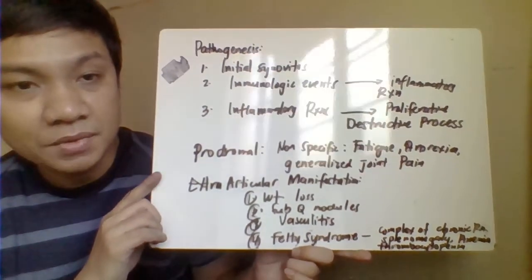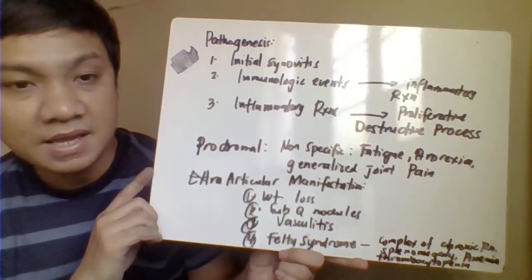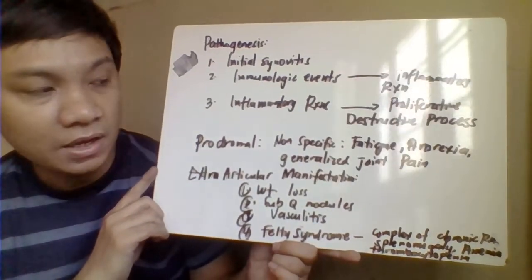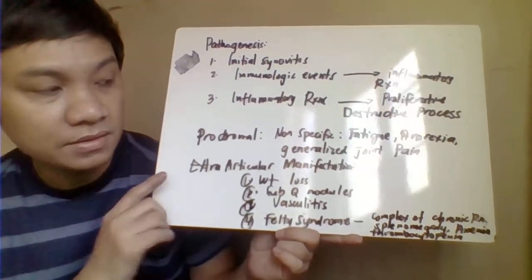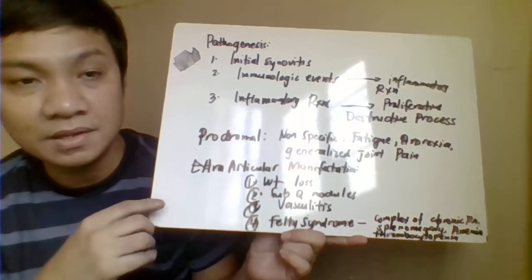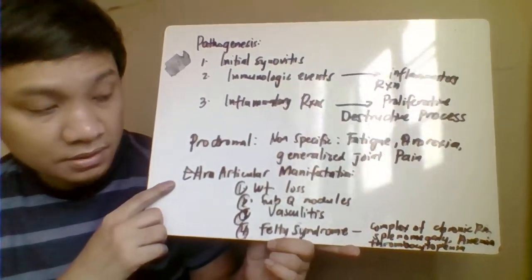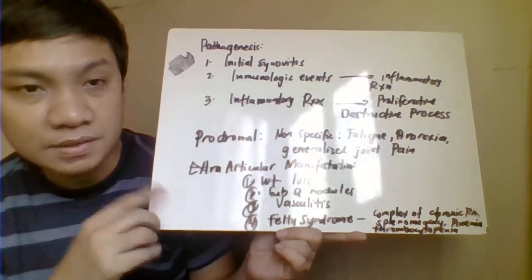Okay, we have your prodromal signs and symptoms before the typical signs and symptoms manifestation of the RA. It's characterized here by non-specific signs and symptoms like fatigue, anorexia, generalized joint pain, so non-specific. But could have your extra-articular manifestations characterized by weight loss, subcutaneous nodules in your joints.